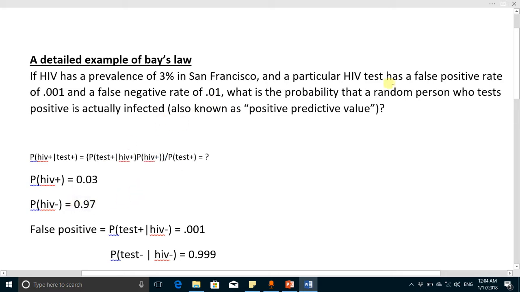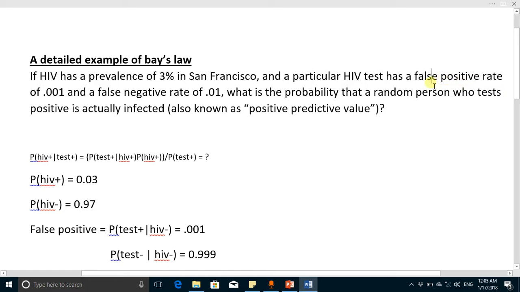Next, he says the false positive rate of the reports is 0.001. Sometimes it happens that the report is positive, but actually the person doesn't have any infection. So the report is positive, but actually the report is false.